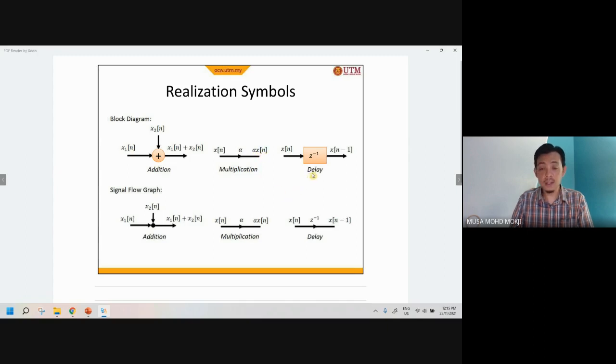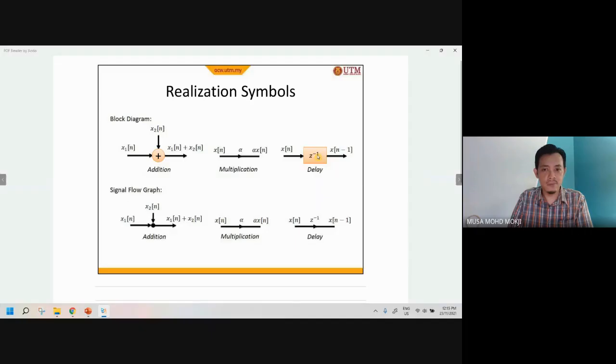And then this is delay. We already know that when we learned Z transform and inverse Z transform. Z to the power of -1 is actually a delay by one sample.